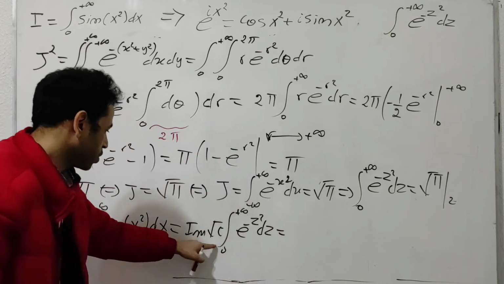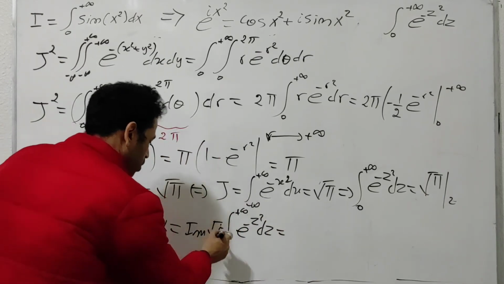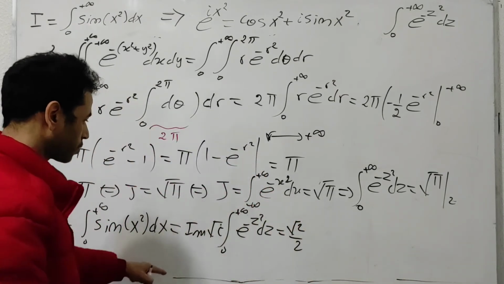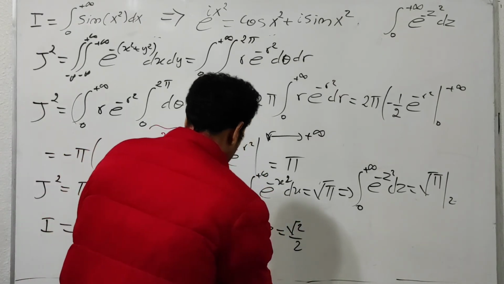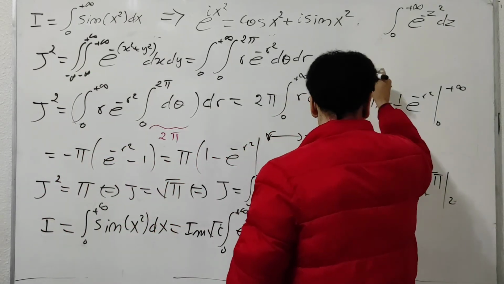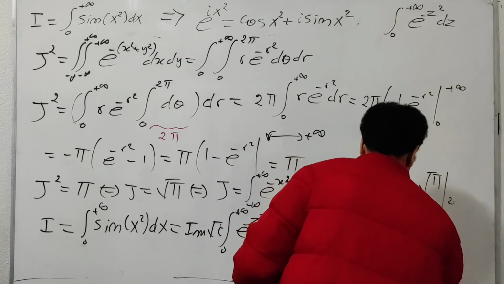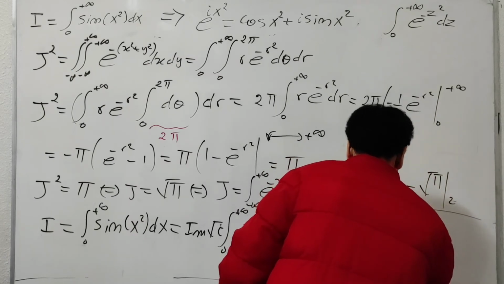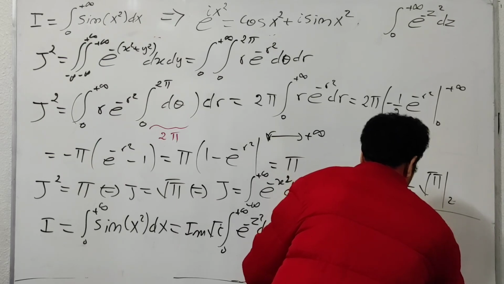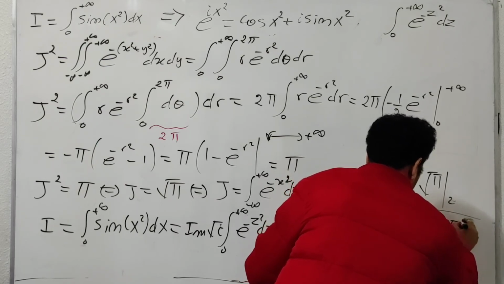We found the imaginary part of this number was square root of 2 over 2, because I'm taking only the imaginary part. As you see, square root of i was square root of 2 over 2 plus square root of 2 over 2 multiplied by i.